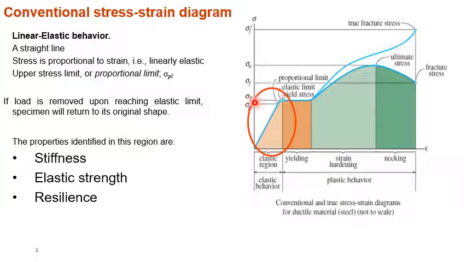Linear means if the relationship between stress and strain shows a straight line, a linear proportionality, then this property we call a linear elastic property. If not, we call it a non-linear elastic property. Initially we will take up the linear elastic property.